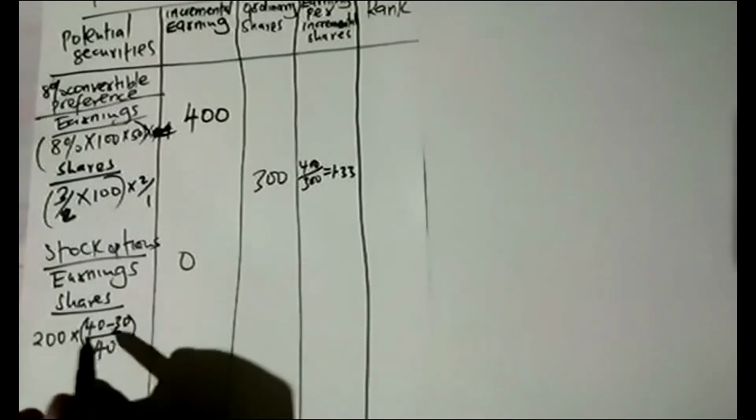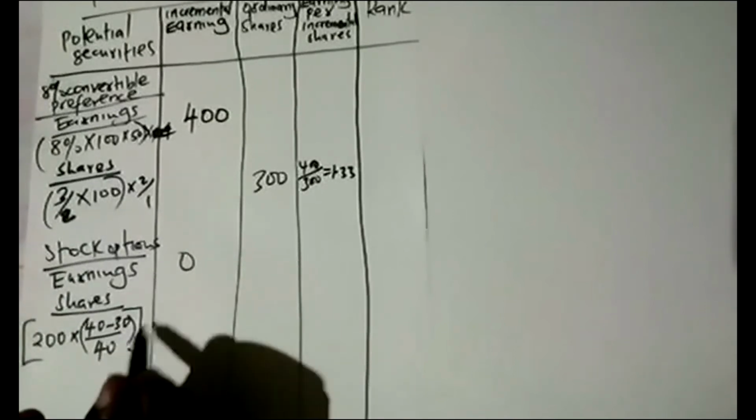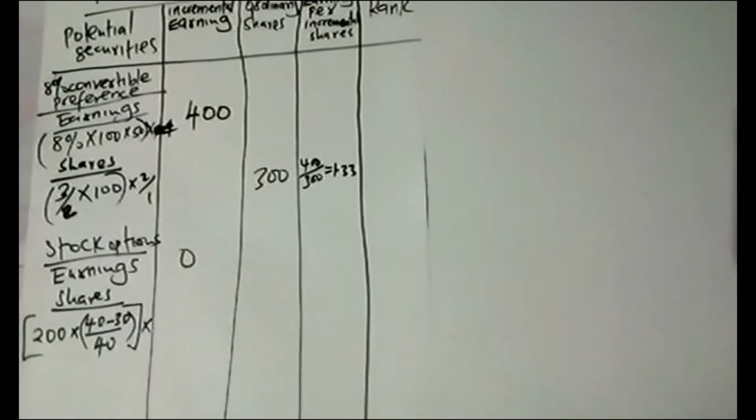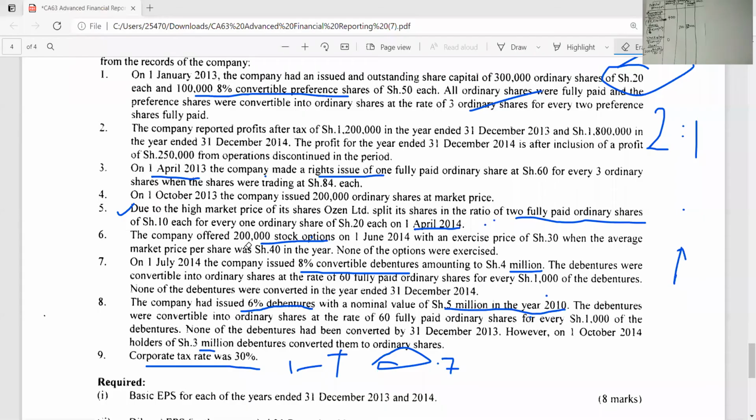And you weigh. So when did this take place? 1st June 2014. So from June to the end of the year, 6/12? From June is 6 months, so that is 6/12. Not 7.